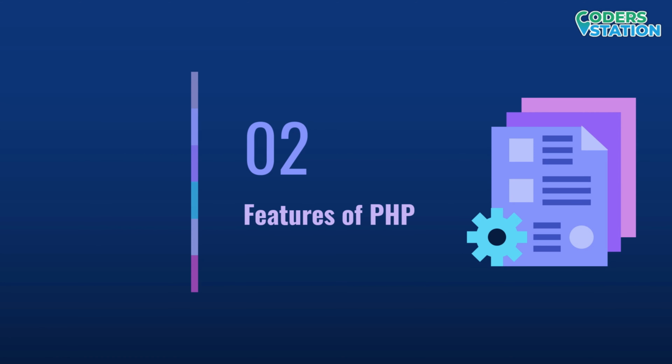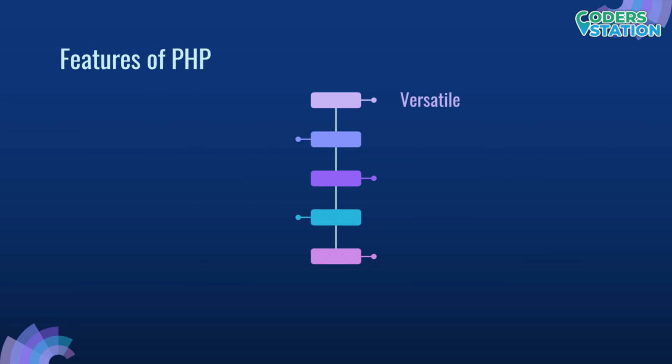As we all know, there are plenty of languages to choose from and start developing. But let us see why PHP makes it the perfect choice for a developer. Versatility. PHP is a versatile language that can be used for a variety of web development tasks. Flexibility. Its flexibility allows developers to create custom solutions that meet the unique needs of their clients. Scalability.